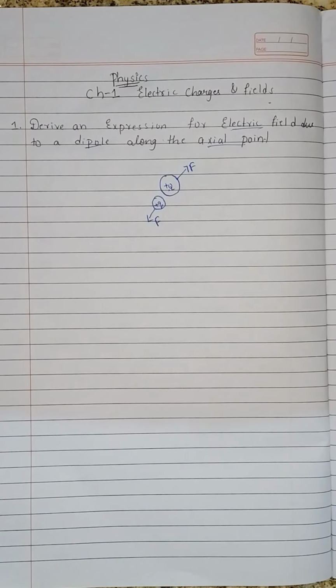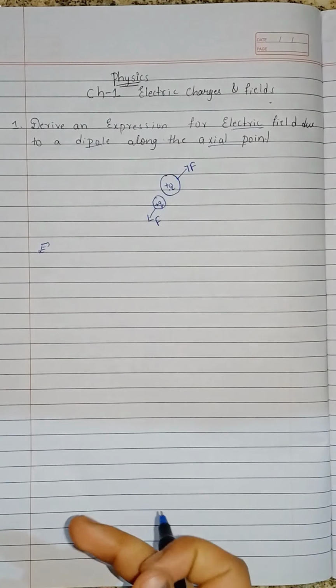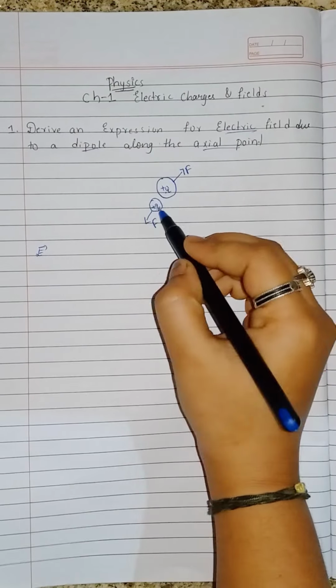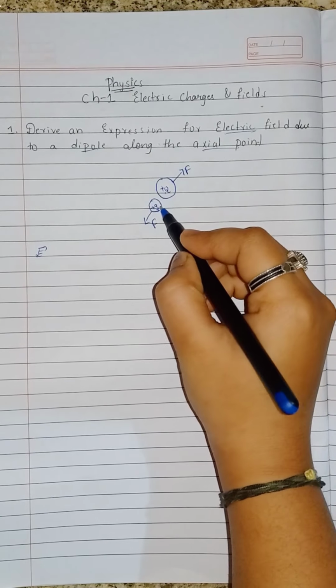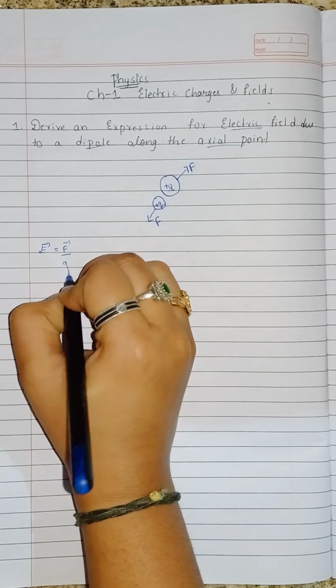It can be defined as follows: a test positive charge is placed at a point in an electric field. So electric field is force per unit charge. It is represented by E, and it is defined as the force exerted on a unit positive test charge placed at that point in the field.